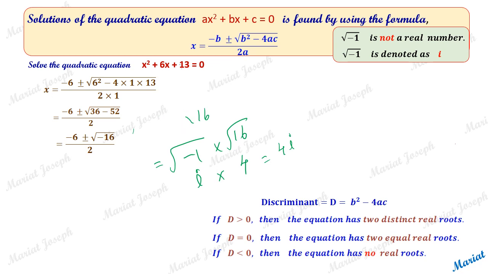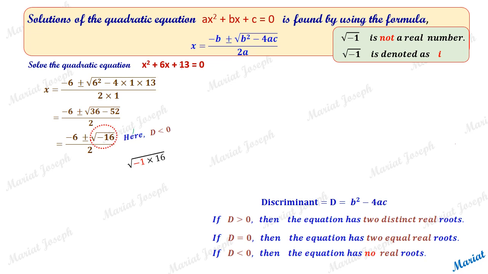This is how we are going to solve the quadratic equations where the discriminant happens to be negative. So here we go. D is negative. So write −16 as −1 into 16. So the square root of −1 into 16 is 4i.